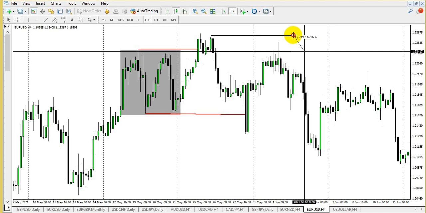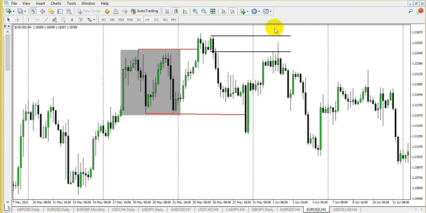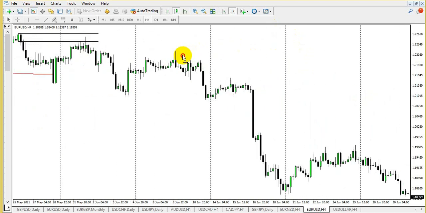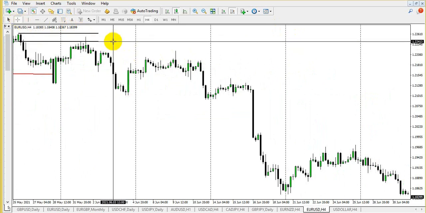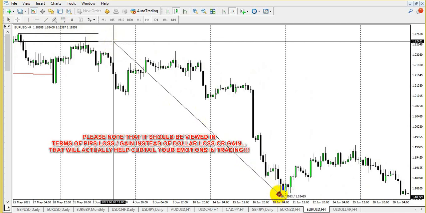That means if you are risking $21, let us see how far this market went, from where we have taken our trade here, risking $21 to get approximately $395.